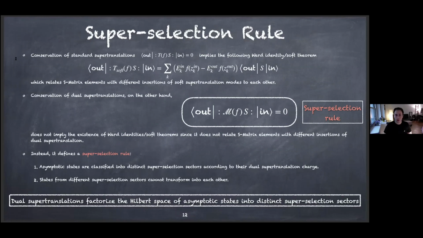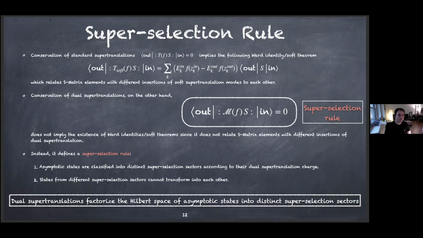They understood that the soft theorem of Weinberg can be understood as a Ward identity of soft supertranslations. It relates different S-matrix elements with different insertions of soft supertranslations to each other, as can be seen here. And it is derived from the conservation equation simply by substituting the decomposition of T into soft and hard pieces.